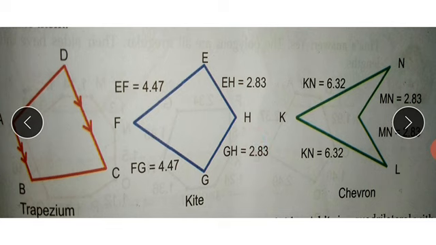And next is chevron. It is a concave kite. So the congruent sides are next to each other. So in chevron, okay, congruent and equal are KN and KL, MN and ML.